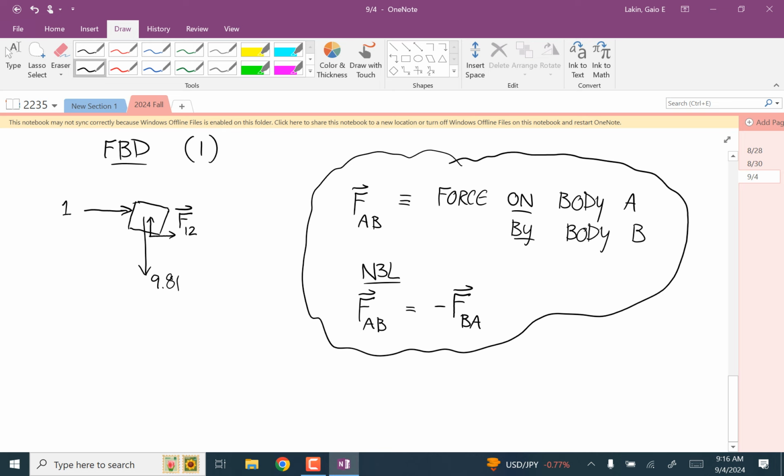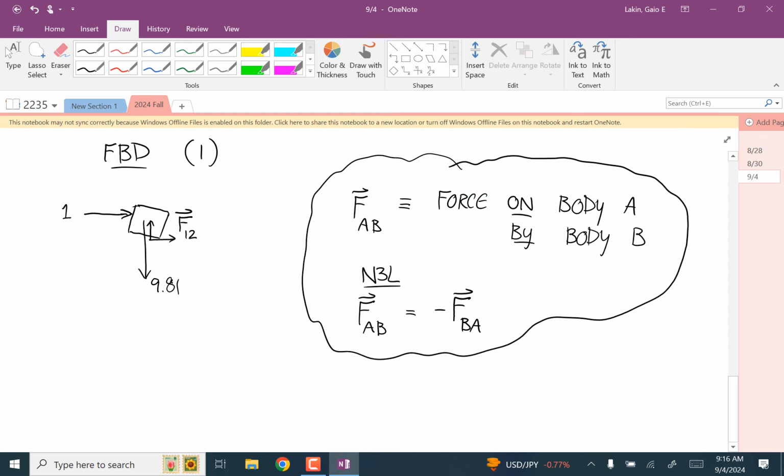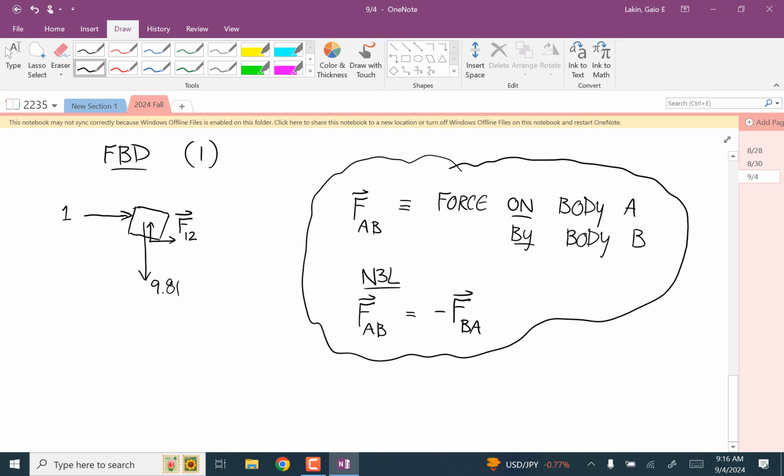One thing that's kind of annoying about this notation is that not everybody uses the same order of subscripts. It tends to be more common for physics people that they're used to this meaning the force body A applies to body B, the reverse meaning.